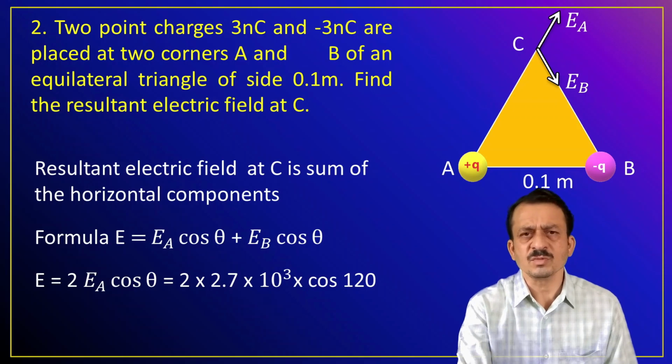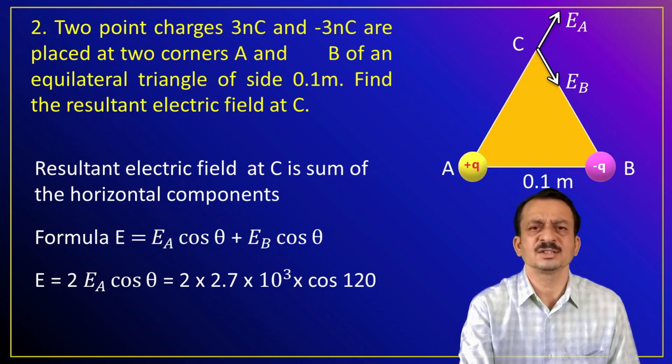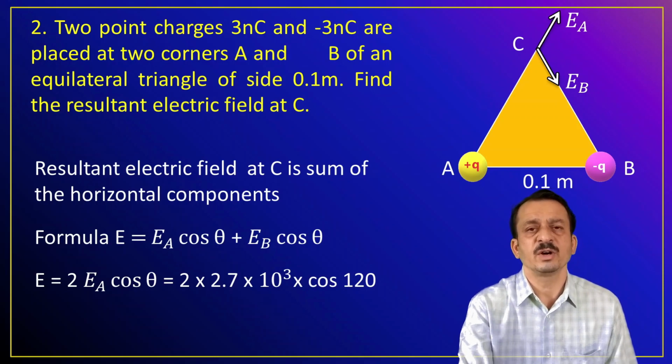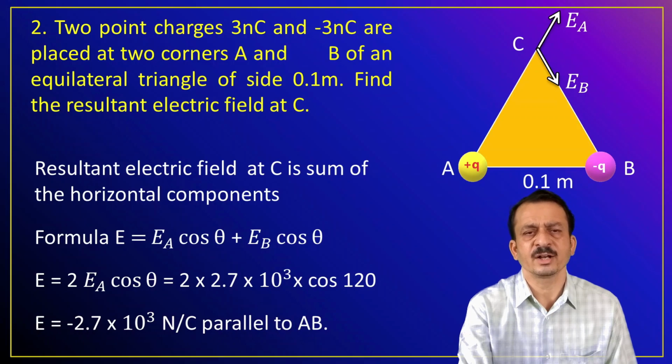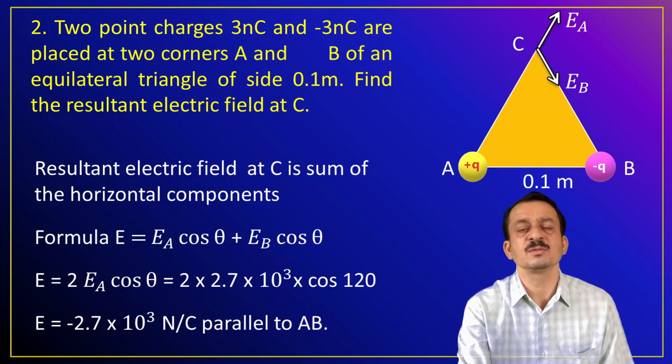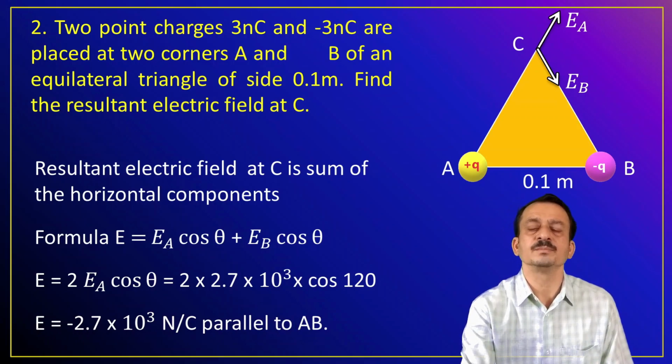Now 2 EA is 2.7 into 10 to the power of 3 into cos 120 degrees. 120 degrees comes in the second quadrant, therefore 180 minus theta. If I use 180 minus 60, then cos 60 is minus half in the second quadrant. Therefore, we simplify and get minus 2.7 into 10 to the power of 3 Newton per coulomb.